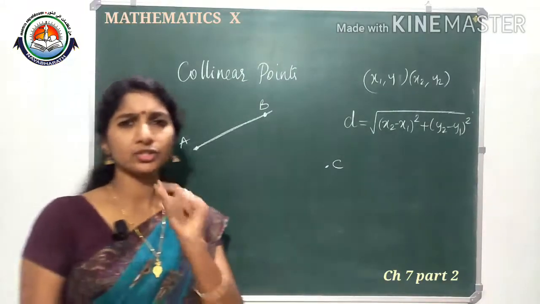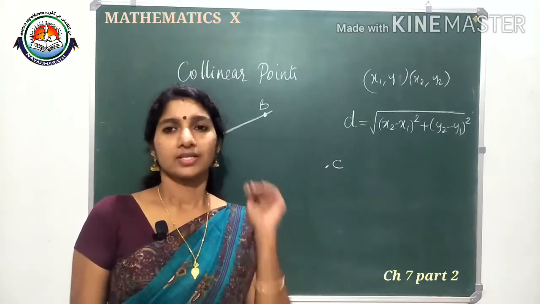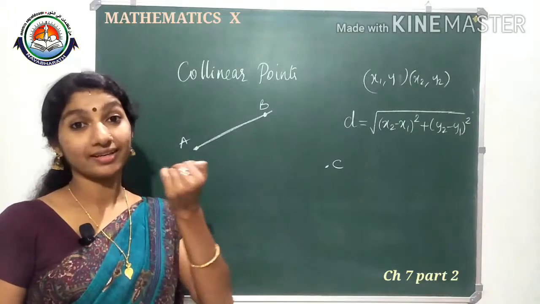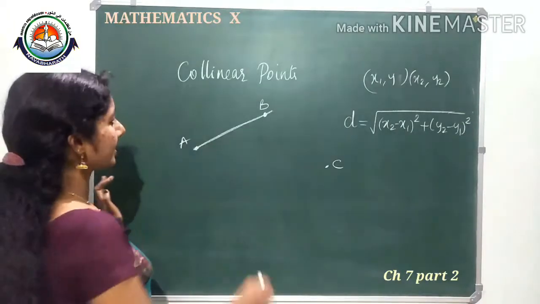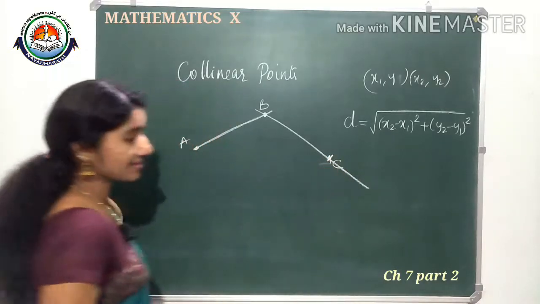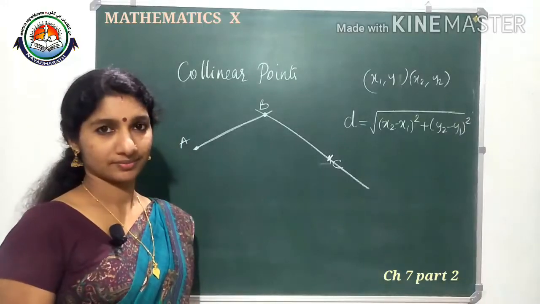So, for every 2 points we can draw a line, isn't it? So, A and B are collinear points. And in the same way, what about B and C? B and C are also collinear points.